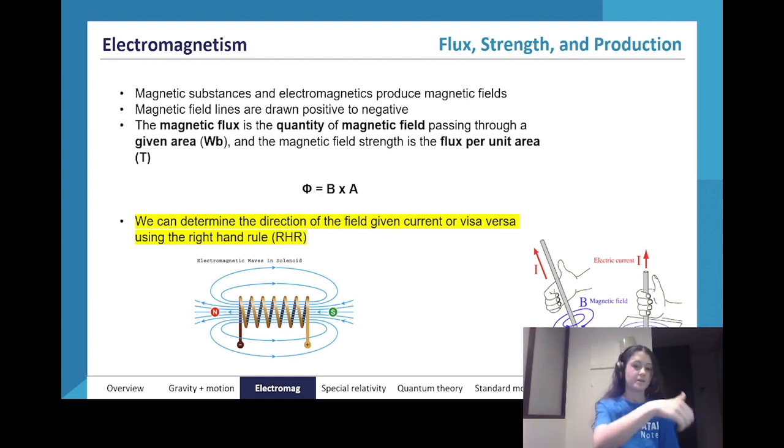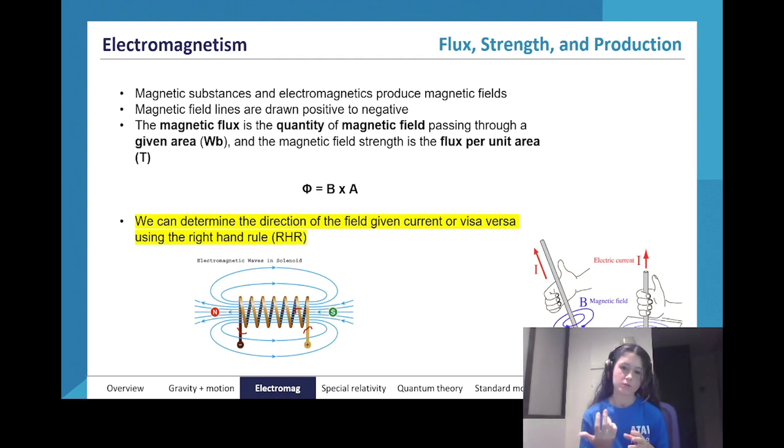So our fingers are going to be wrapping around this way, or kind of away from you. This tells us that the conventional current is going to be moving in this direction, which makes sense, because conventional current moves from the positive to the negative.